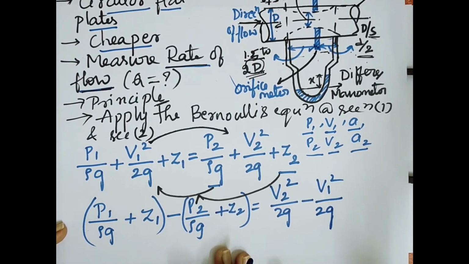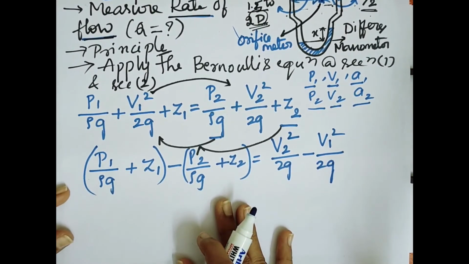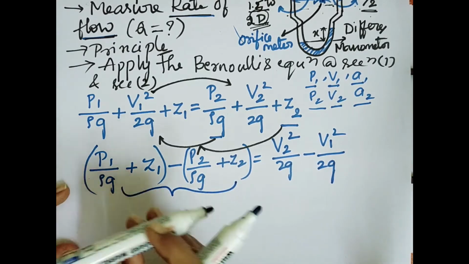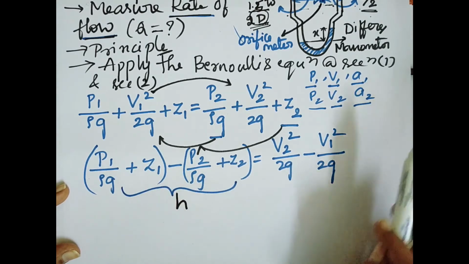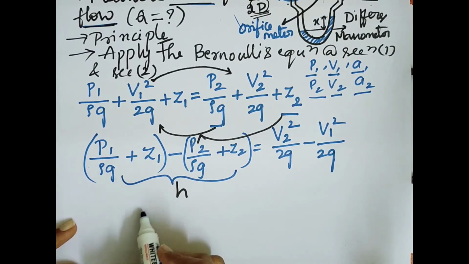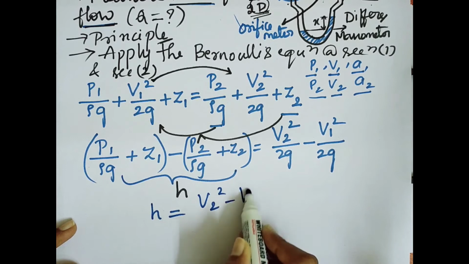So what is this P1 by rho g plus Z1 minus P2 by rho g plus Z2? This represents the differential pressure head, which is denoted by the symbol small h. So now the equation will be h is equal to V2 square minus V1 square.